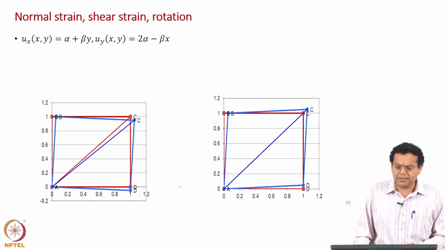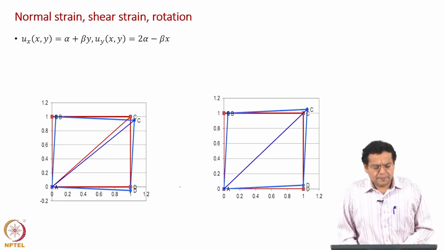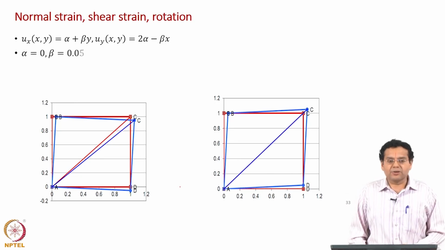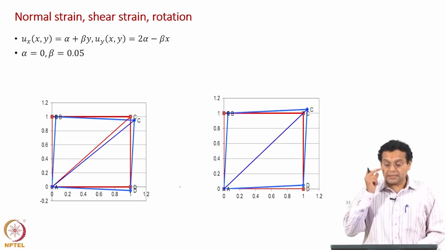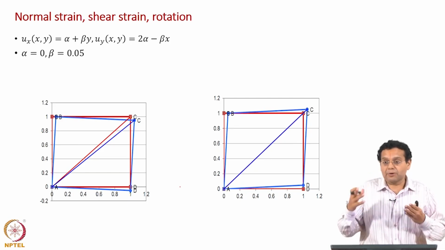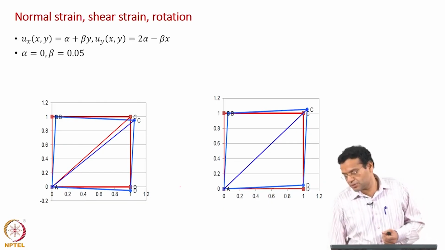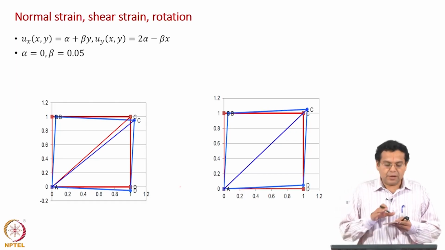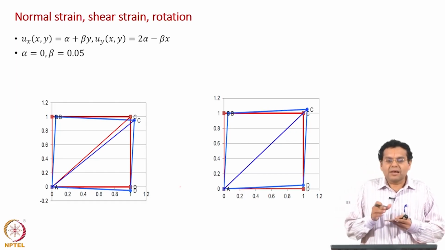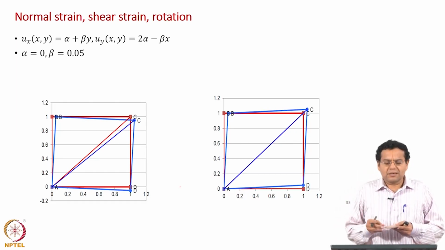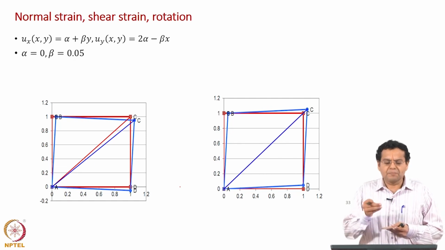Same displacement field. Now I take alpha equal to 0 because we have seen it just translates, no other effect of alpha. We will take beta as 0.05. Remember beta has an extremely small value, order of 10 power minus 6. Why is it so? We have seen that if you apply any force on a solid object, almost rigid, a small deformation happens.